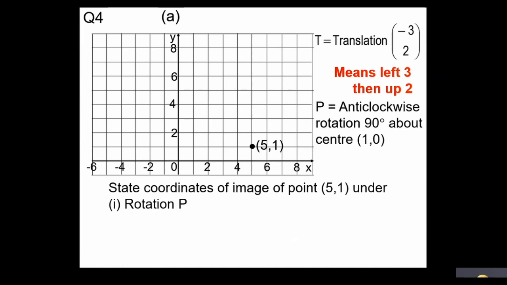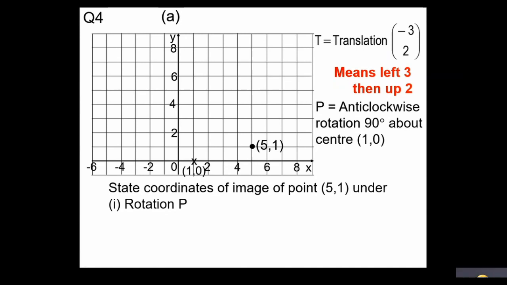This one is similar, right? Here again we have translation and we have rotation. Now under rotation P, what is the center? 1, 0. The center you have to indicate, so you draw the center here.